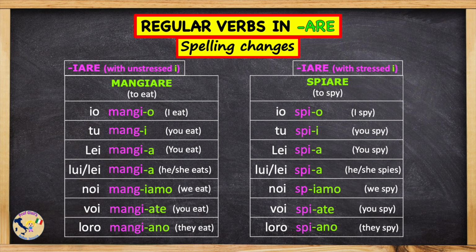Let's go over the present indicative of spiare once again. Io spio, tu spii, lei spia, lui spia, lei spia, noi spiamo, voi spiate, loro spiano.